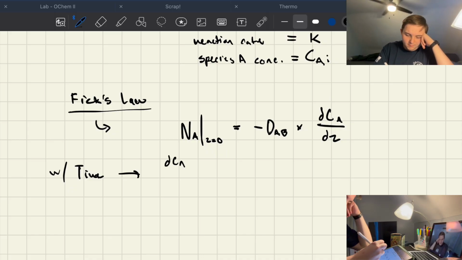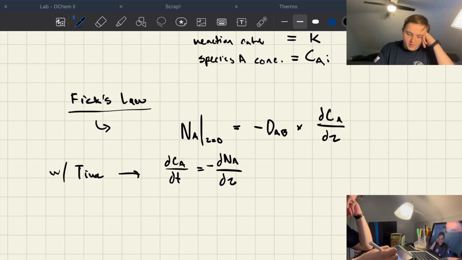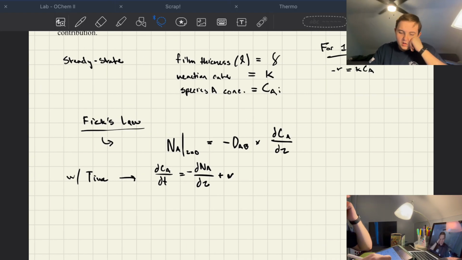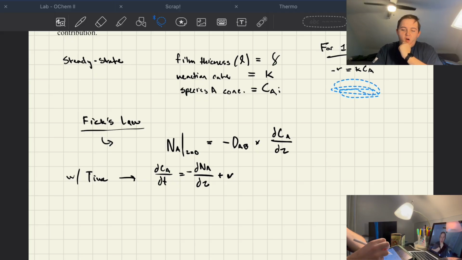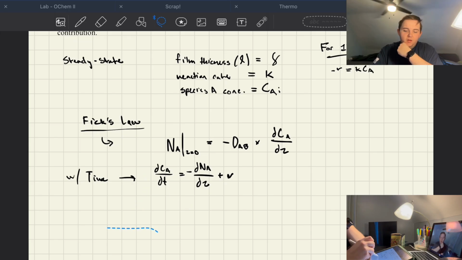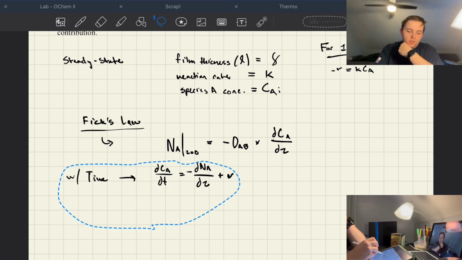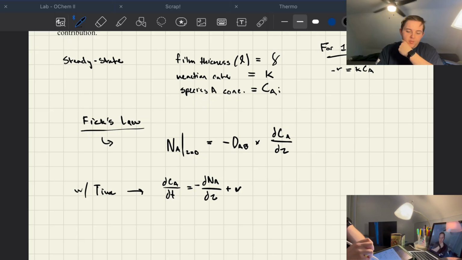It's going to be dC_A over dt, equal to negative d N_A over dZ, plus our R that we have to carry over. So that R up here is what we were using it for, because it makes things a little bit simpler later.